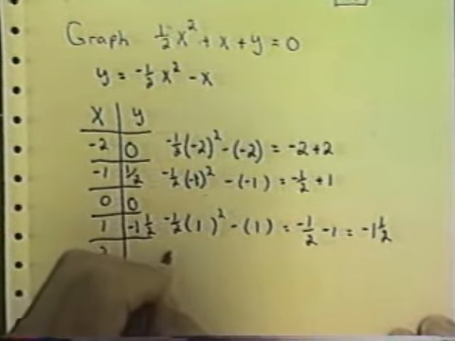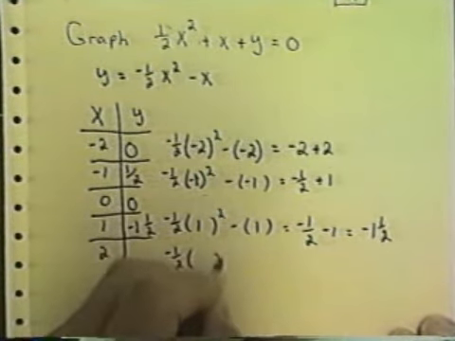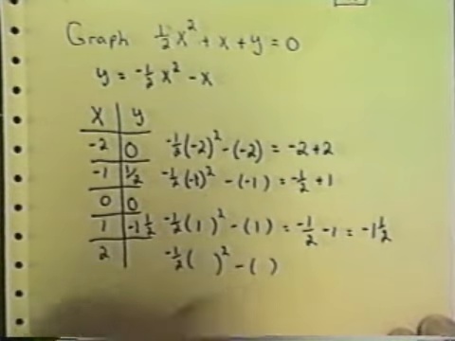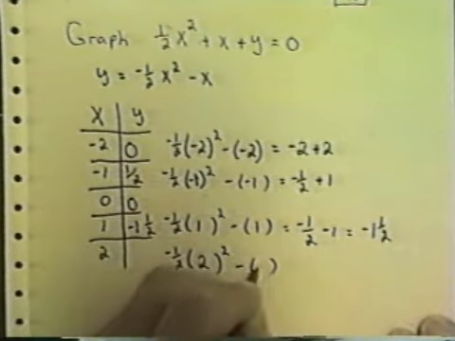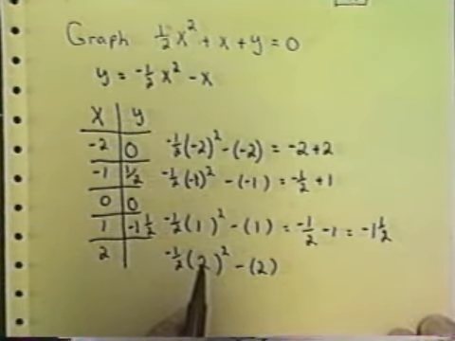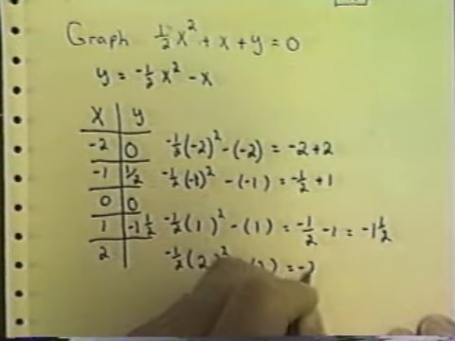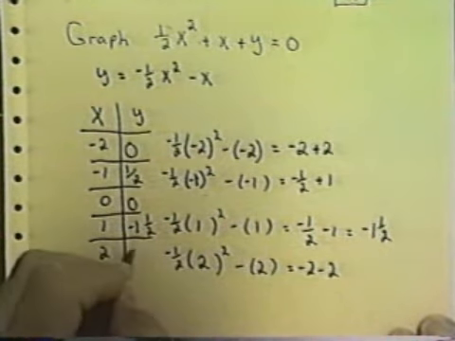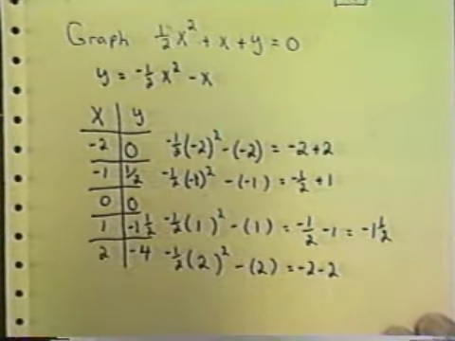For the last one, we have a negative 1/2 times something squared, subtract something, and the something is 2. 2 squared is 4. A negative 1/2 times 4 is a negative 2. So I have a negative 2 subtract 2, which is negative 4.